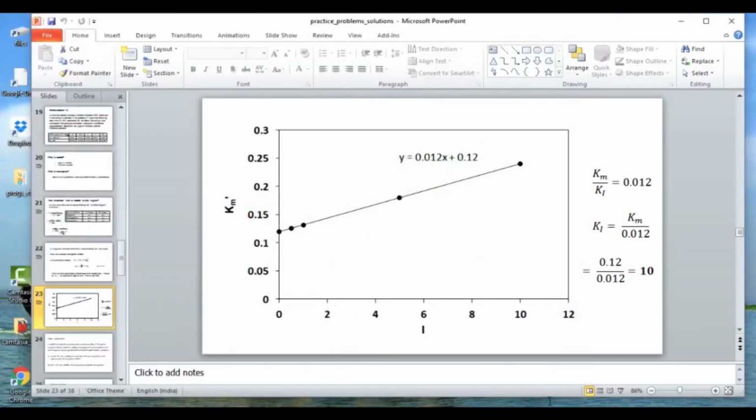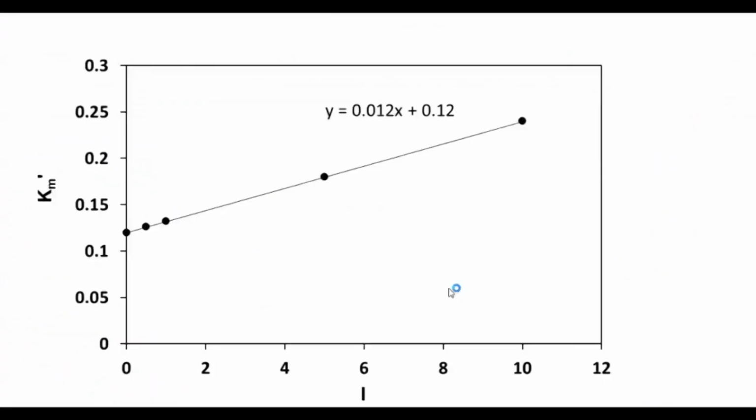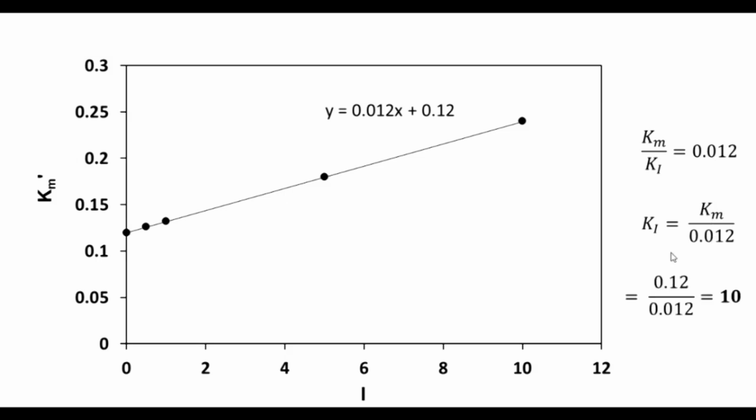That is what is shown here in this graph, the same graph copy pasted, Km dash versus I. So the slope Km by Ki is 0.012, and therefore Ki is nothing but Km by 0.012. We also know Km from the intercept to be 0.12. So 0.12 by 0.012 is 10. So the inhibitor constant happens to be 10 millimolar.